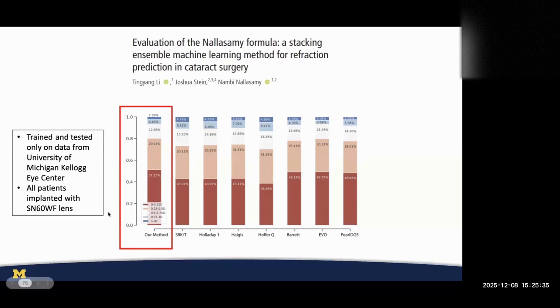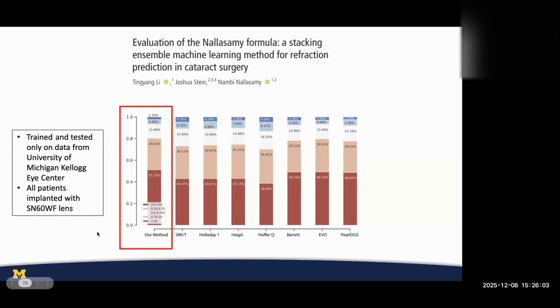The caveat, though, of this Nalisamy formula is that in this paper, it was only trained and tested on data from the University of Michigan Kellogg Eye Center. So all the patients came from the same demographic. And all these patients were also implanted with the same exact lens, which was the Alcon SM60WF lens.